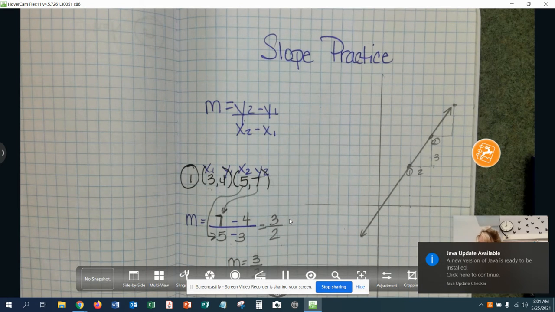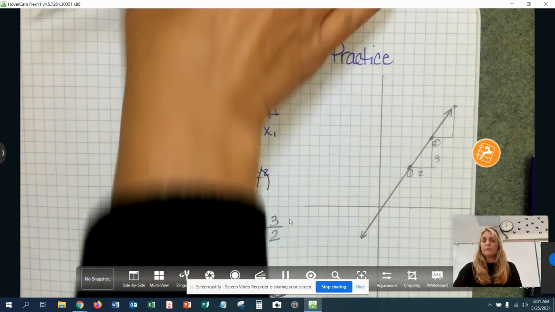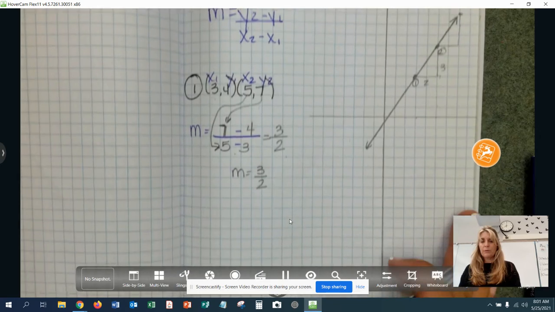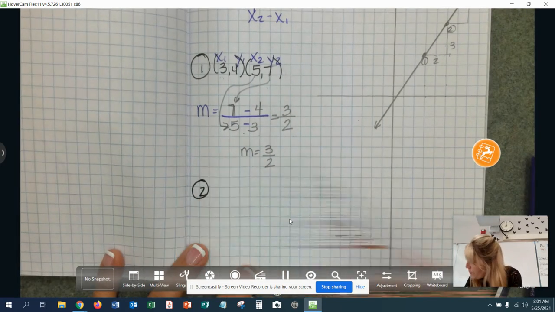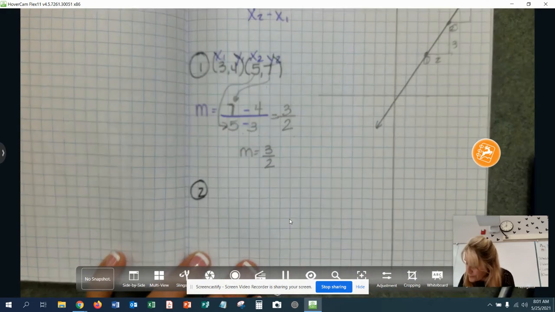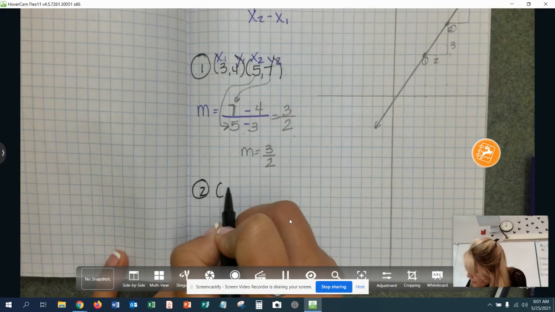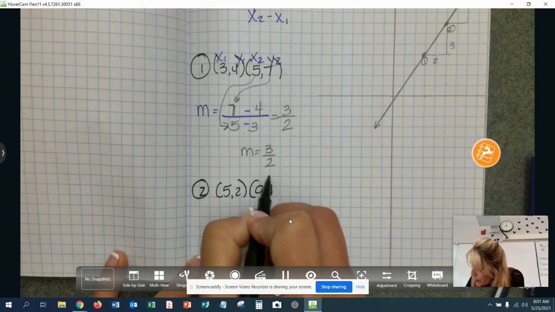Let's do number 2 together. I'm just going to move this down. So number 2 looks like this. Its ordered pairs are 5 and 2 and 9 and 4.